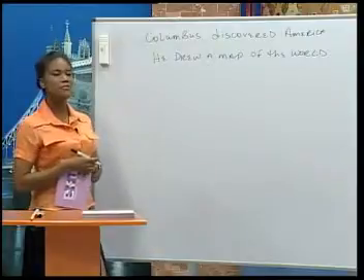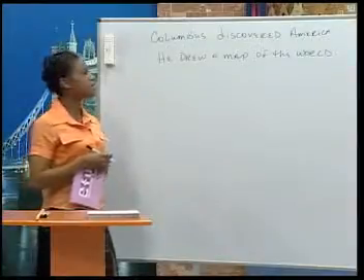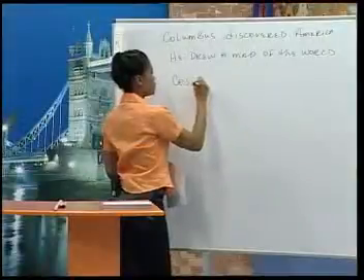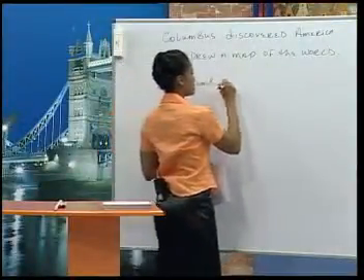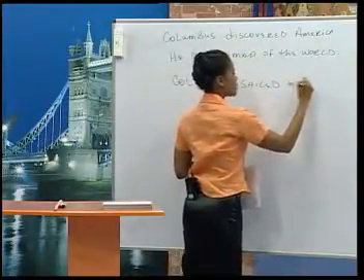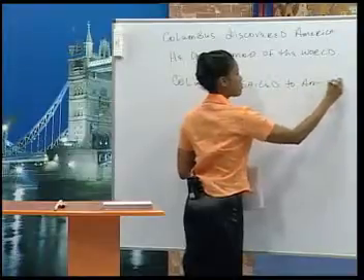Alberto, did he fly to America? No, he didn't. He went to America by boat. Very good. And what is the verb that we use for that? Columbus sailed to America. Very good. Columbus sailed to America. Means he went to America by boat.